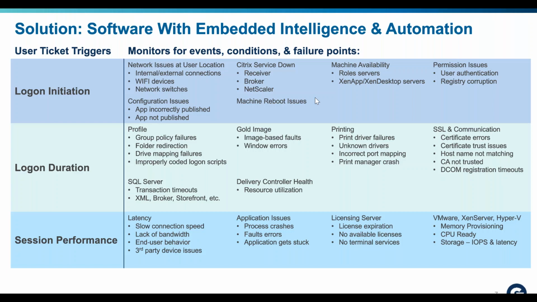Now on the right-hand side, we know that so many of these components that we just looked at in the last slide are responsible and have an impact on driving the actual user experience. And so when we talk about software with embedded intelligence and automation, one of the things we'll talk about is how Goliath automatically looks for all of these specific purpose-built failure points and conditions that have an impact and drive user experience on the left-hand side.